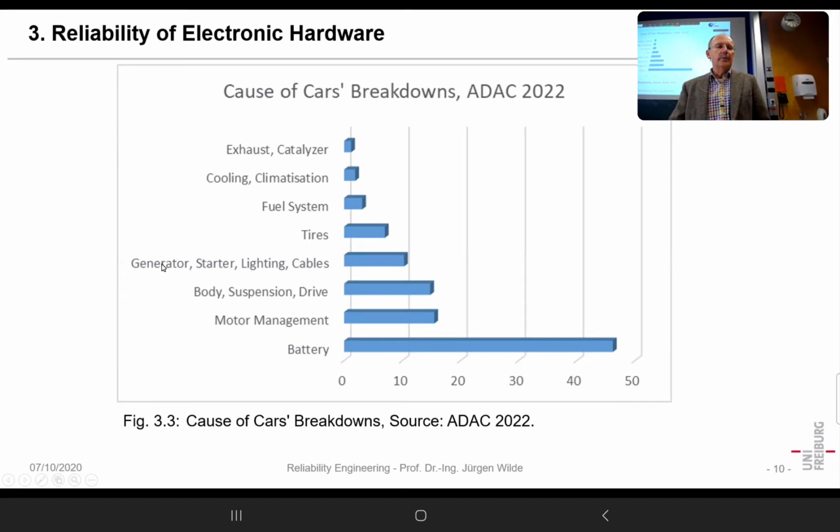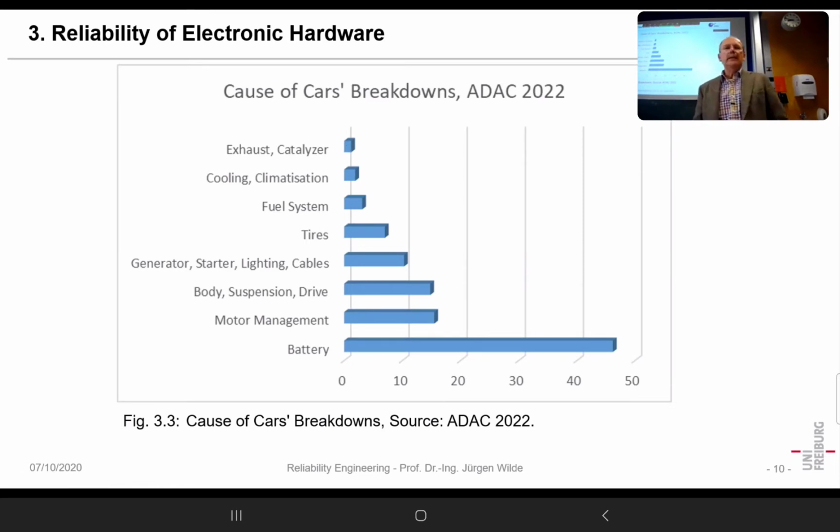And then what is important, generator, starter, lighting, and cables. So you could say when the generator doesn't function properly, the battery will be emptied. Okay, tires is a certain problem, fuel system also a little, cooling, climatization.